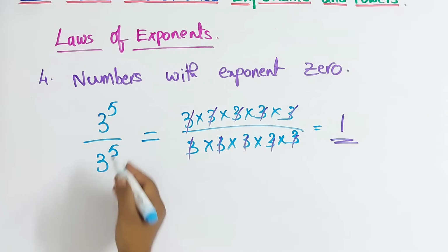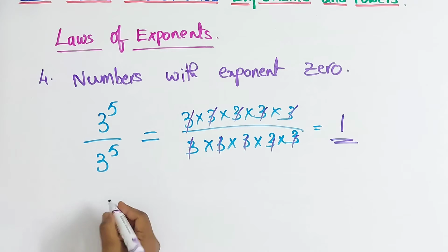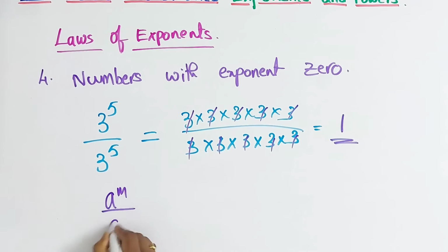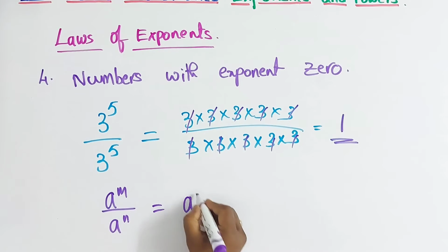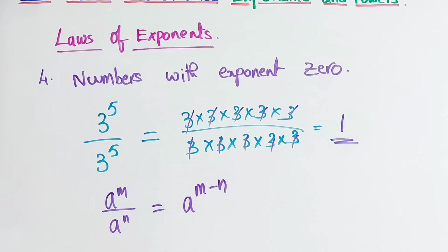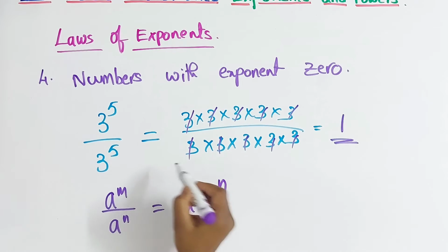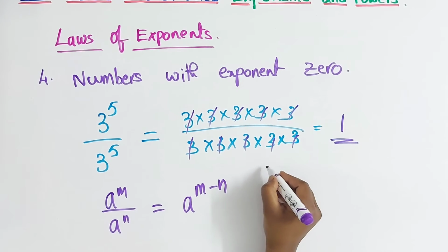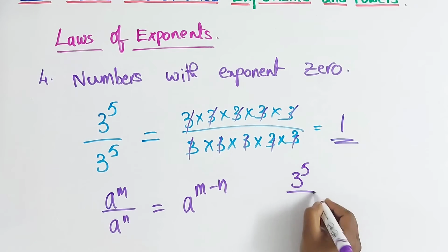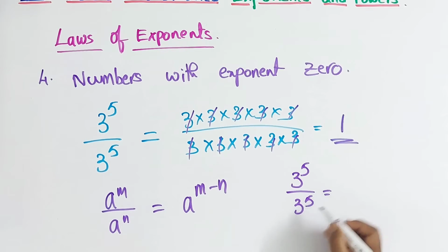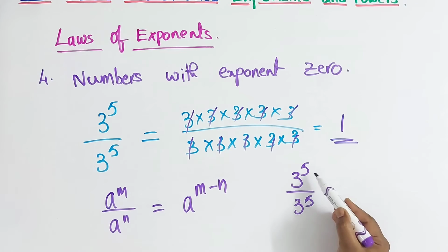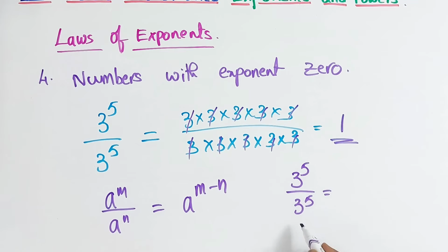So this one we can write as a raised to the power of m divided by a raised to the power of n. We have already learned this law, that equals a raised to the power of m minus n. So here we will apply the same formula: 3 raised to the power of 5 divided by 3 raised to the power of 5. Here a is 3 and m is 5; here a is 3 and n is 5.